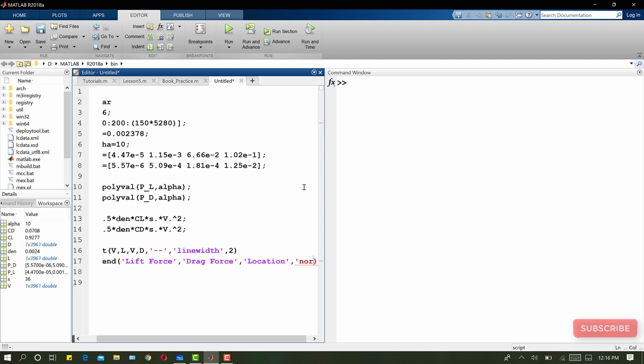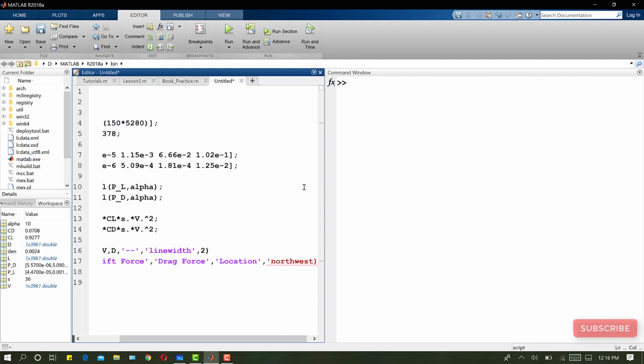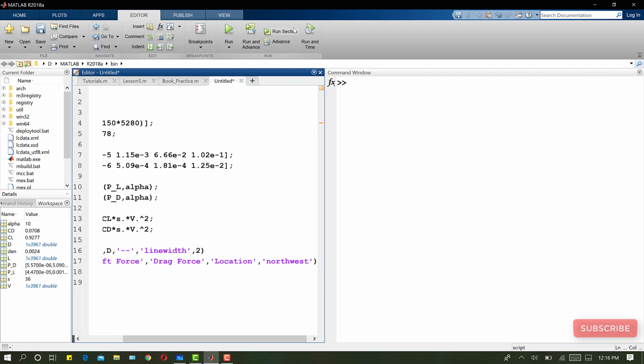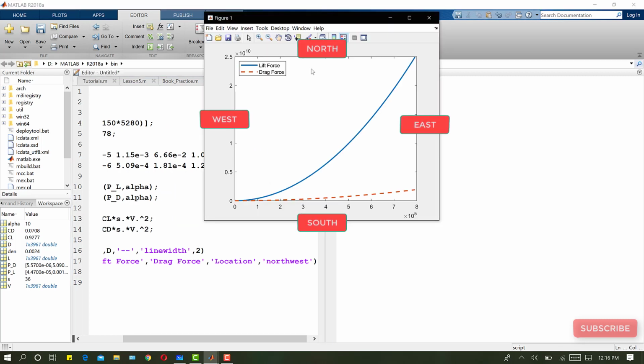So I will write northwest. Now if I run, we see that the legend is at the northwest. If I write only west, it will be at west. If I write east, it will be at east. So these are the locations for positioning legends.